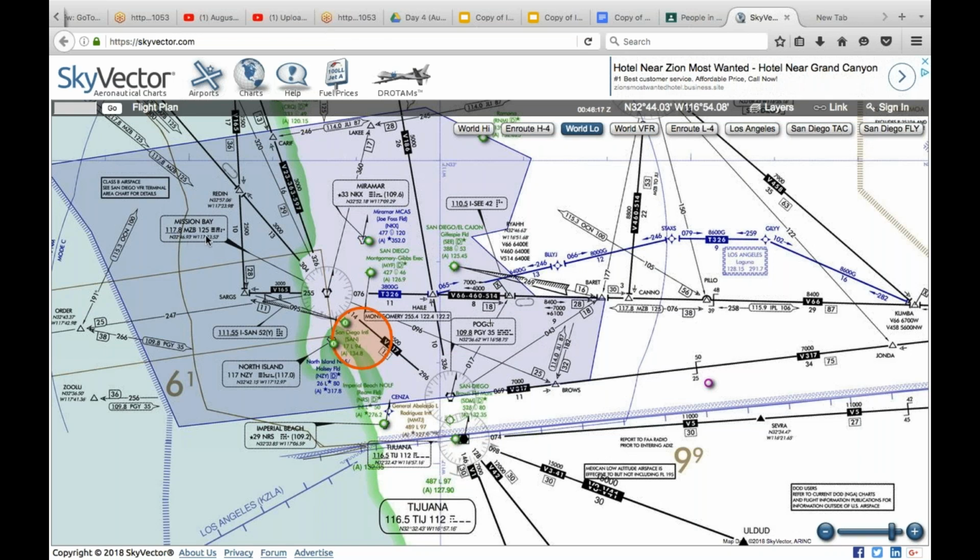Well, that 125 is what the military aircraft will tune into to receive navigational aid from that VOR, because they use a little bit different equipment. To be honest with you, their radios and navigational equipment are far superior to anything civilian use. So they're getting a lot more information off of that VOR than your normal civilian aircraft.